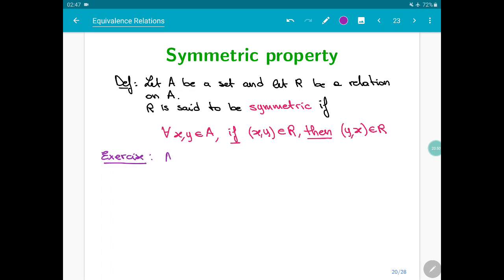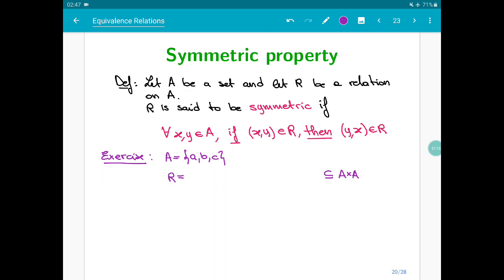For instance, if I have a set A equal to {A, B, C}, I want to construct a subset R of A cross A such that R corresponds to a symmetric relation.